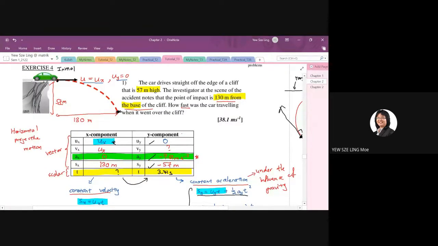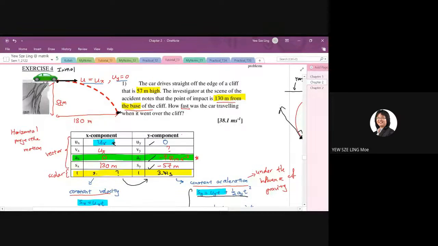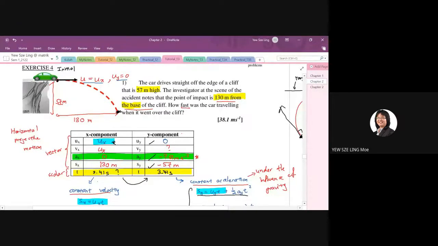X and Y components can never have different values of time, otherwise you would be in a different dimension already. So if the y component is 3.41 second, the x component can also use 3.41 second, right?